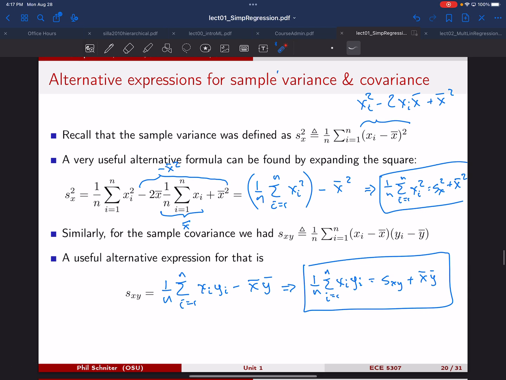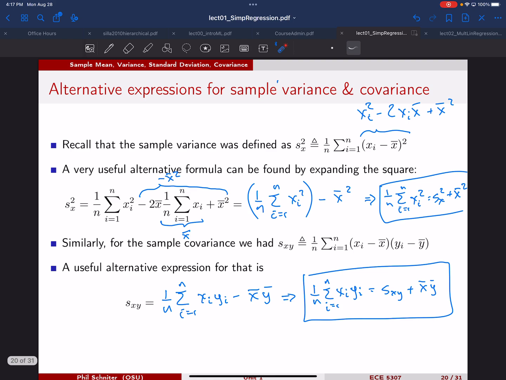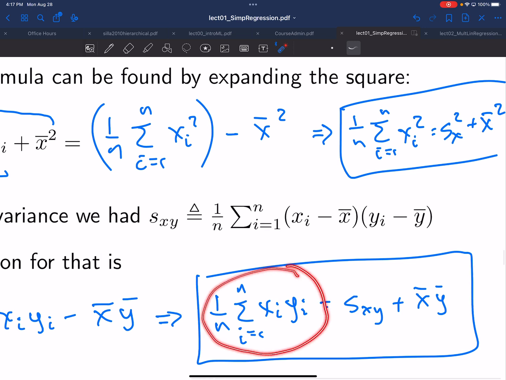And the final thing we did, which we'll use today, is we derived these relationships here. Often these quantities show up in an analysis. It's just a simple average of the xi times yi.